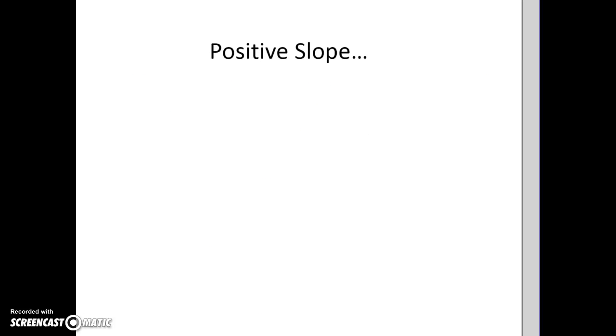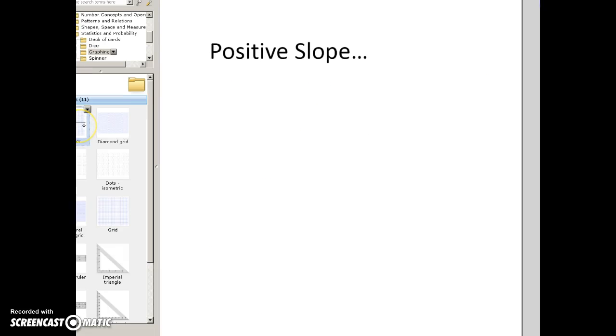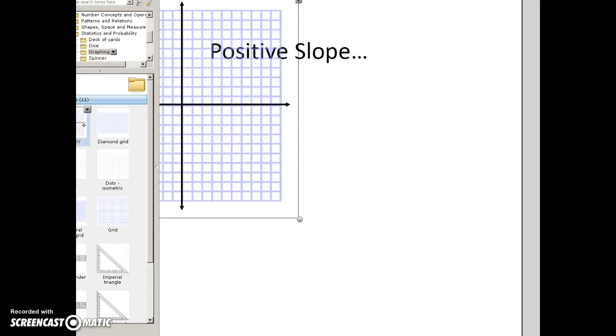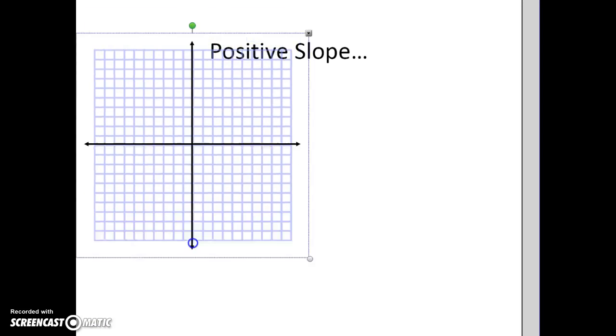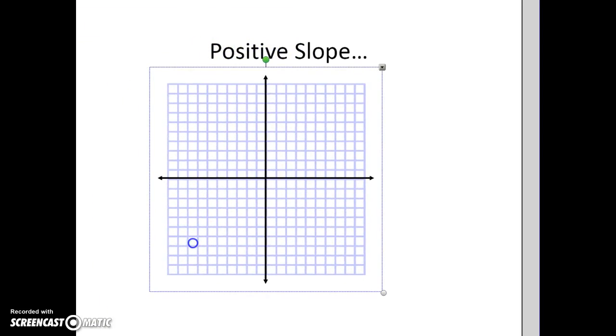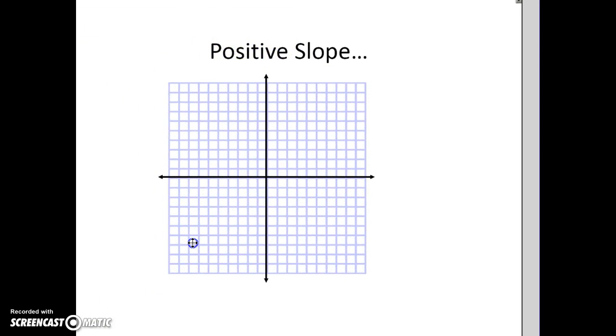Positive slope. Let's look at an example. We're going to draw a line segment of a positive slope. And I'm going to start here.